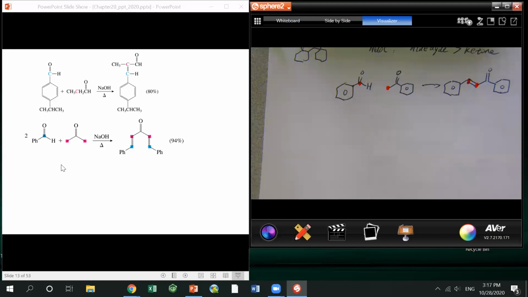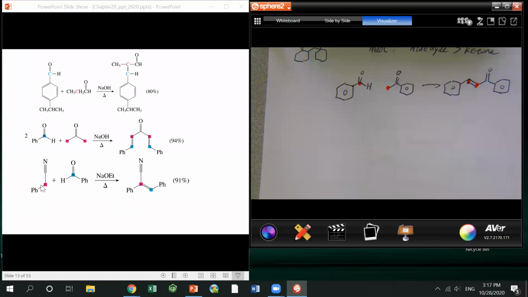The last one is a nitrile compound contributing the alpha carbon. A nitrile compound is pretty cool: there's no carbonyl carbon, so the nitrile carbon cannot be attacked by a nucleophile, and it is a very weak electrophile.